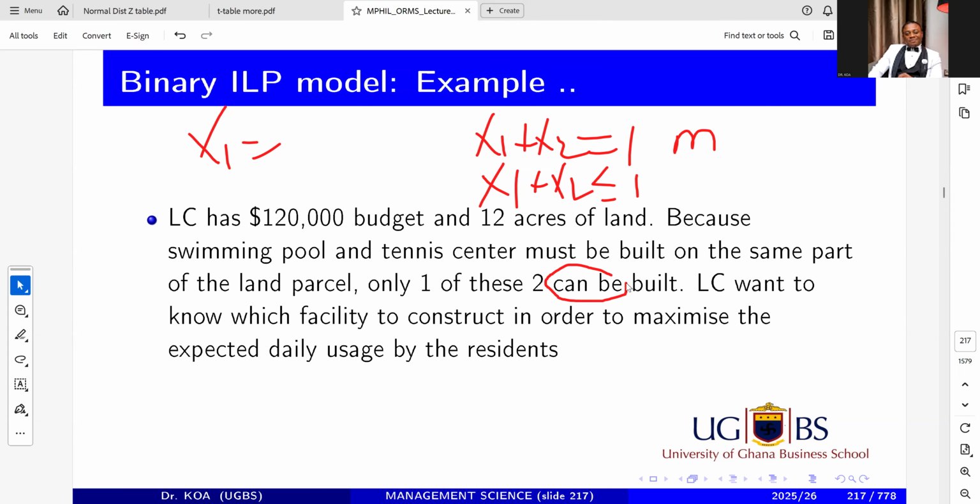So the one below gives you 2 options here, but the one above gives you only 1 option. I think my main issue was with the fact that we are using plus, but it makes sense that if x1 is 1, the other one will definitely be 0. Thank you. All right. Let's go on.